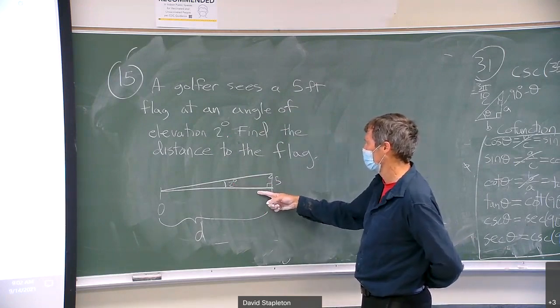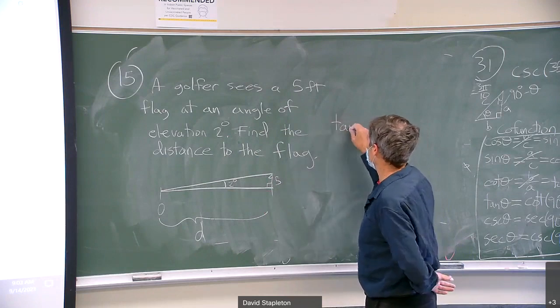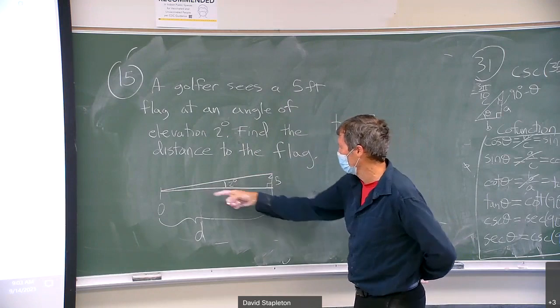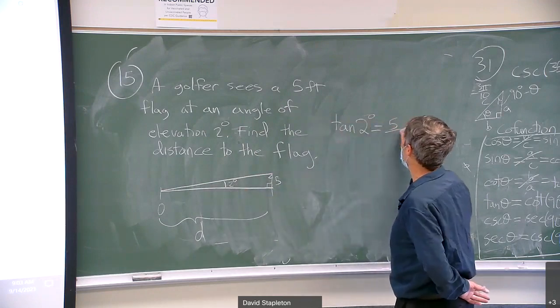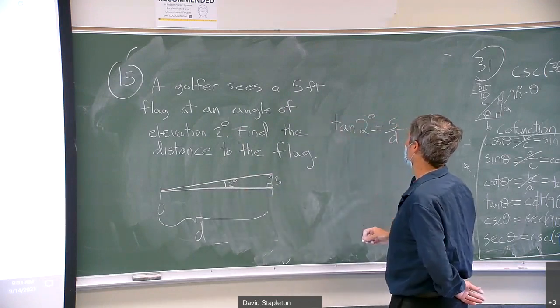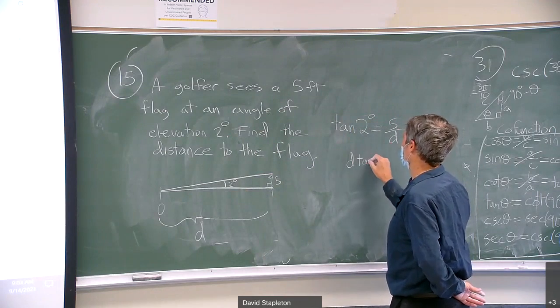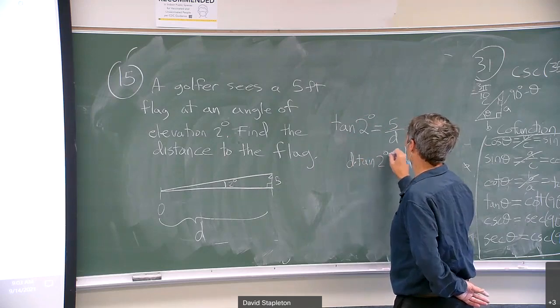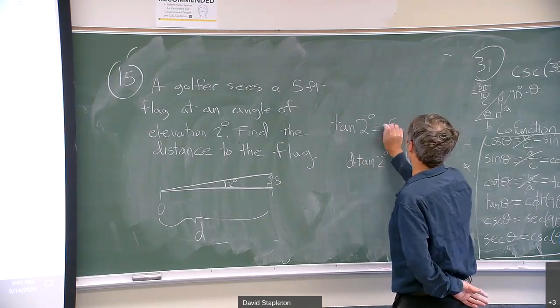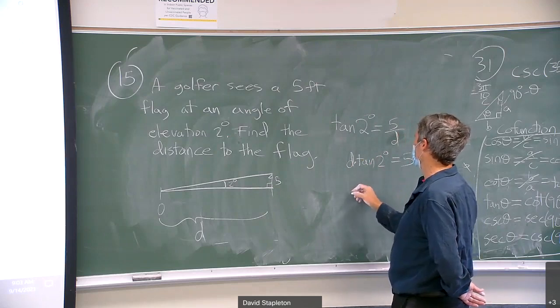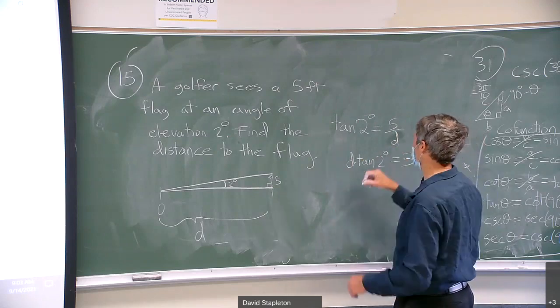Cotangent is in the calculus. I'll choose tangent and say tangent of 2 degrees, this angle, is its opposite side over the adjacent side, 5 over d. And so I multiply both sides by d and get d tangent 2 degrees equals 5. Maybe it was the division that was the problem. And then divide by tangent 2 degrees, or you can just take reciprocals here and then multiply by 5.